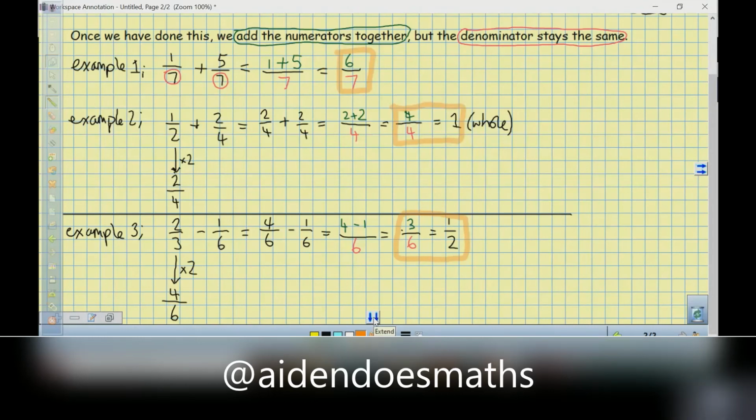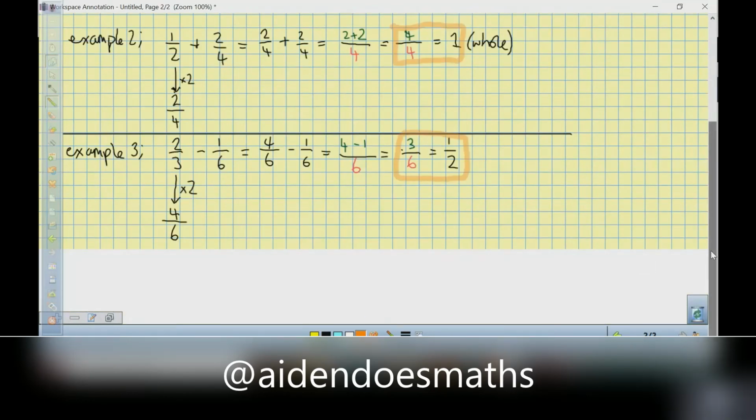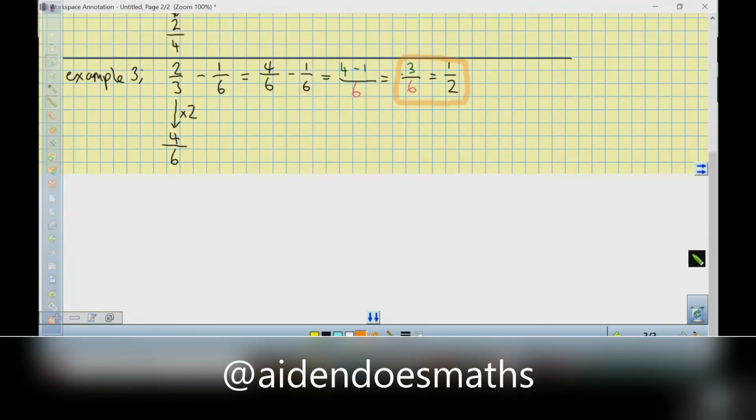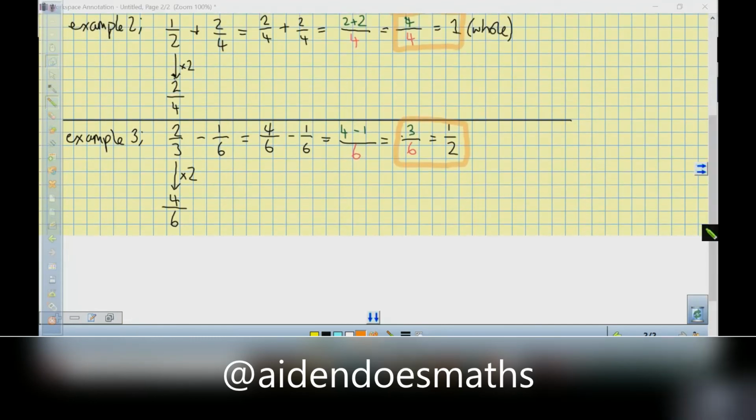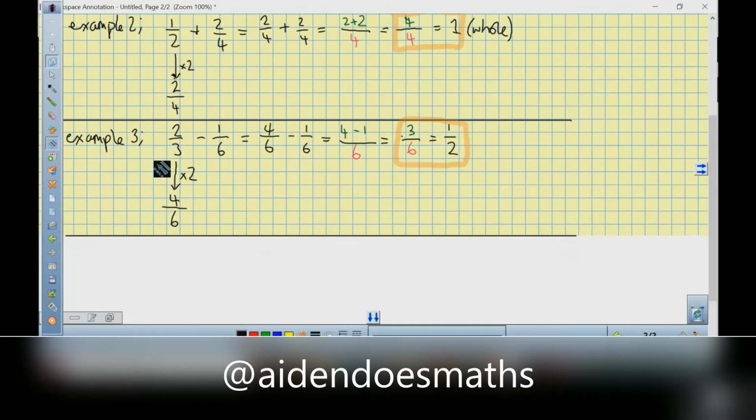Okay, we're going to try one more example, which is a little bit harder. So example 4.